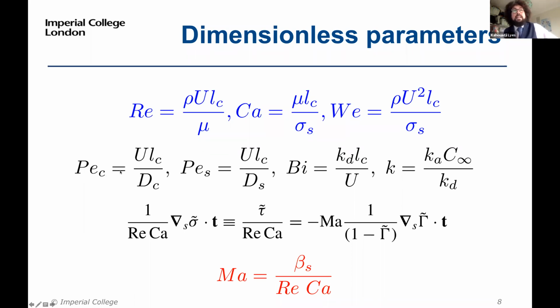This is the Peclet number, both in the bulk and the surfactant, the bulk and the interface. DC is the diffusivity of the surfactant in the bulk, and DS is the diffusivity of the surfactant on the interface. And we have also the Biot number, which gives you the desorption parameter, and the K number, a non-dimensional number that gives you a ratio between the adsorption and the desorption.